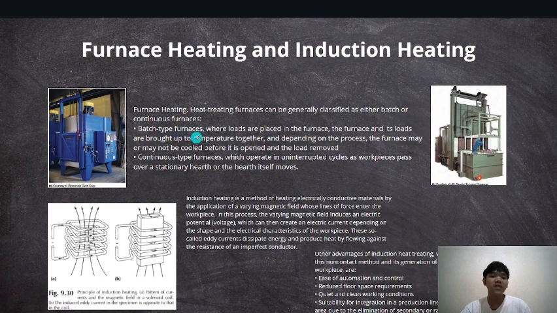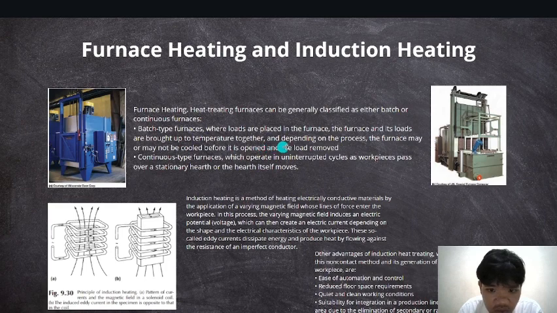Batch type furnaces are where loads are placed in the furnace and brought up to temperature together, and depending on the process, the furnace may or may not be cooled before it is opened and the load removed. Continuous type furnaces operate in uninterrupted cycles, and workpieces pass over a stationary hearth or the hearth itself moves.